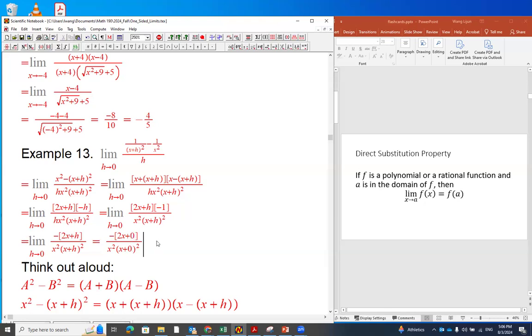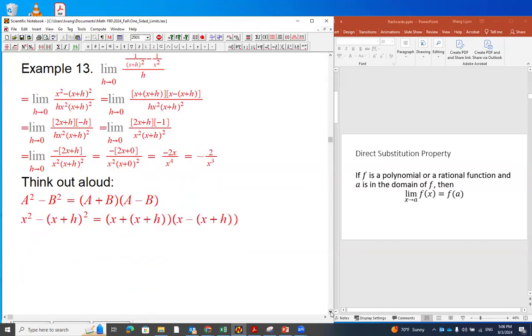So in the end, we get negative 2x over x raised to the power 4. And reducing it, we get negative 2 over x raised to the power of 3. Okay, so that's example number 13.